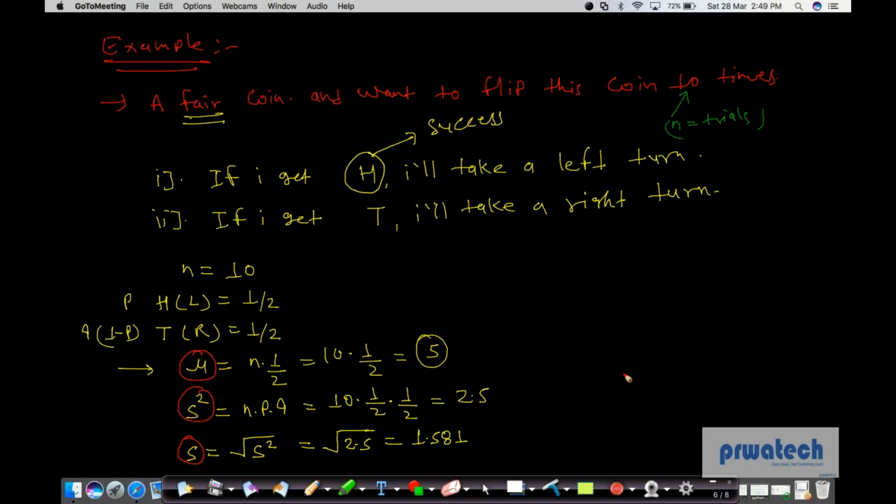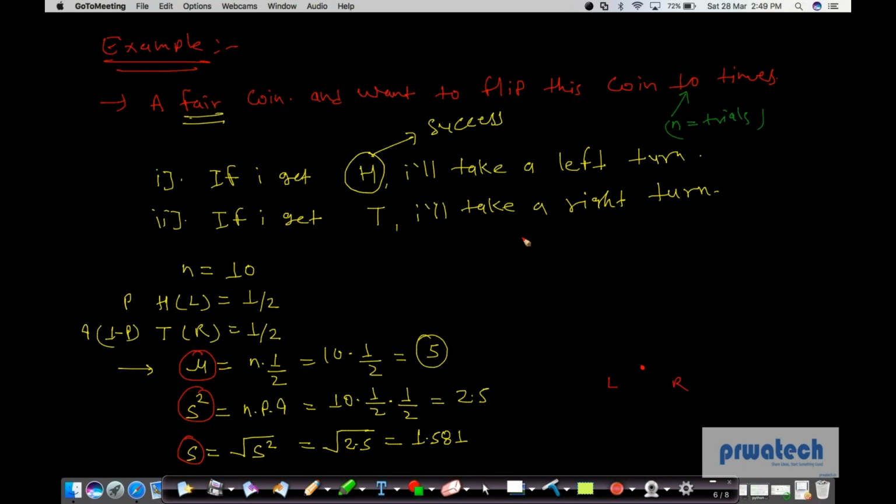Now suppose this is my point, this is my circle where I'm standing, and I'm saying when I get a head, I'll take a left turn, this side. This is my left, and this is my right. So when I get head, I'll take left. When I get tail, I'll take a right turn.